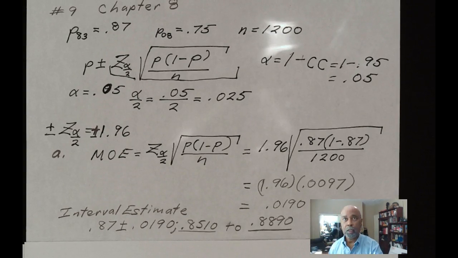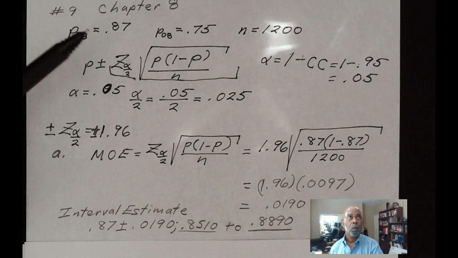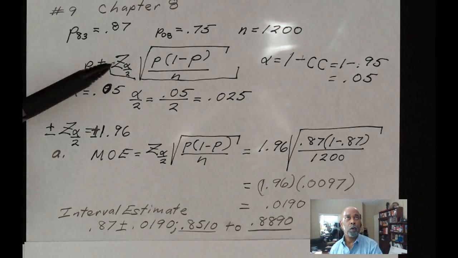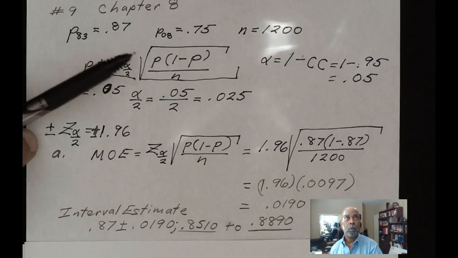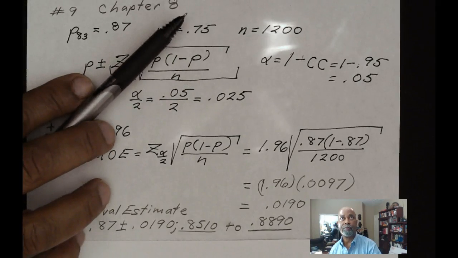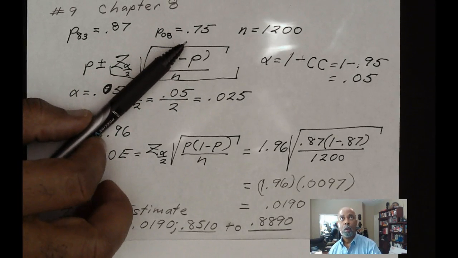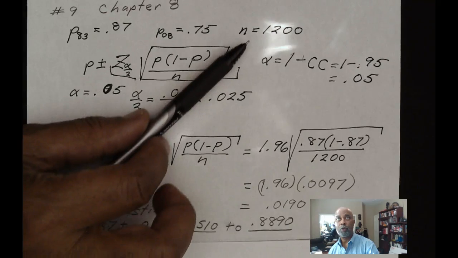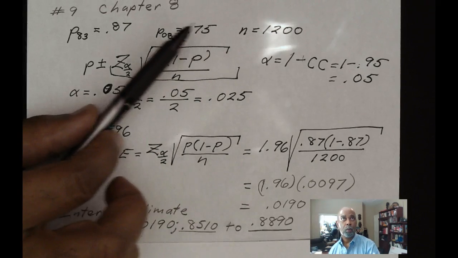So in looking at the setup of this problem, we were told that the proportion in 1983 was 0.87. The proportion in 2008 was 0.75. And the sample size in both cases was 1,200.